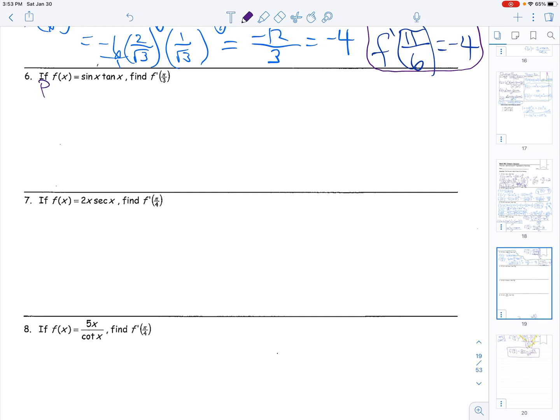All right, so remember, sine times tangent, people.